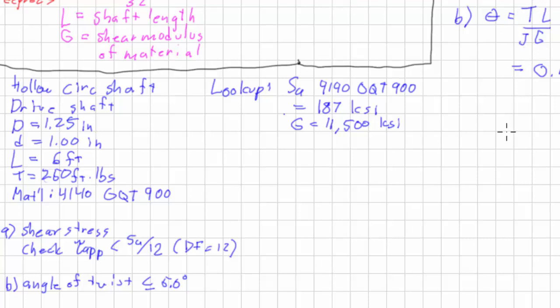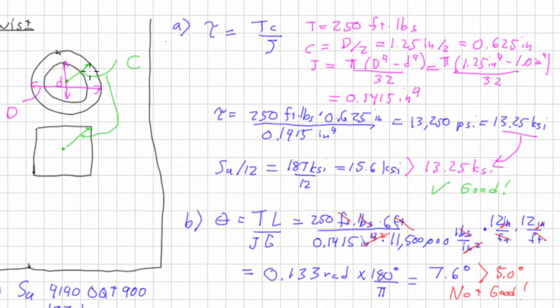We've got one thing I can do, and that is reduce the size of the inner diameter here. If I reduce that inner diameter, then the value of J goes up. The question is, how much will it go up? So let's try to choose something a little aggressive.